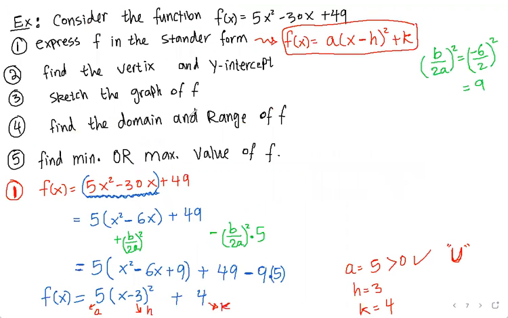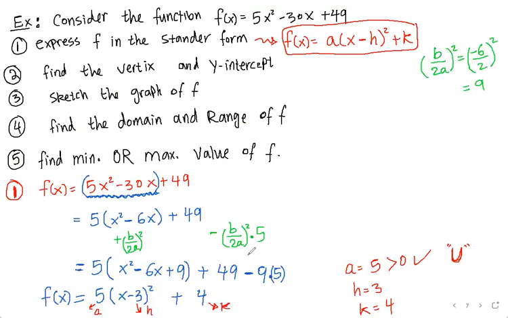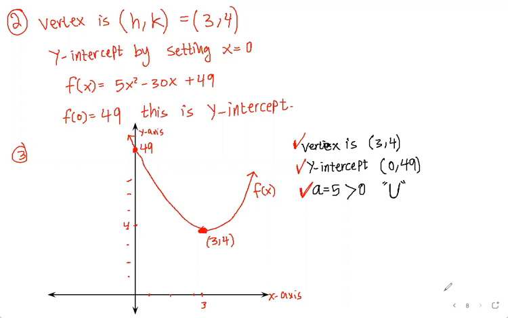Fourth part, find the domain and the range of f. The domain and the range for the function f, I can find from the graph in the third part. So what is the domain here?